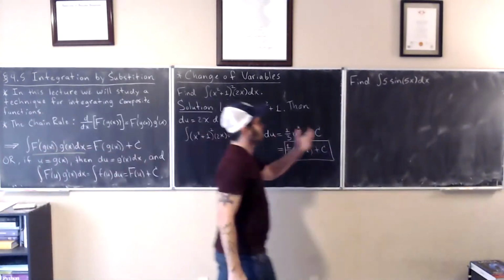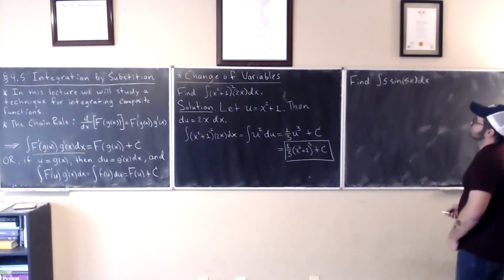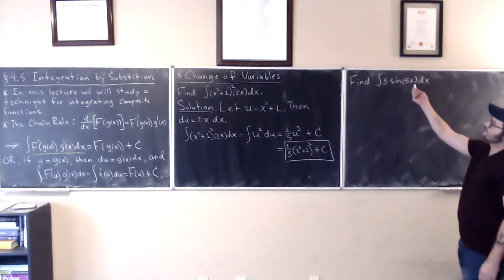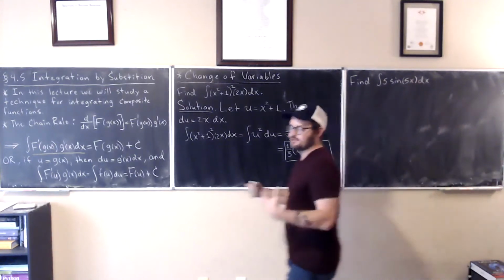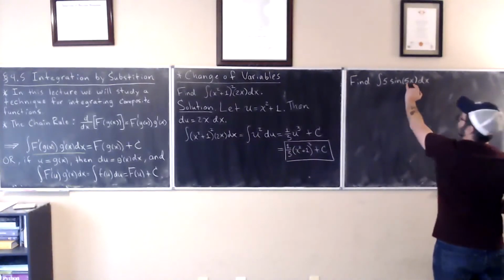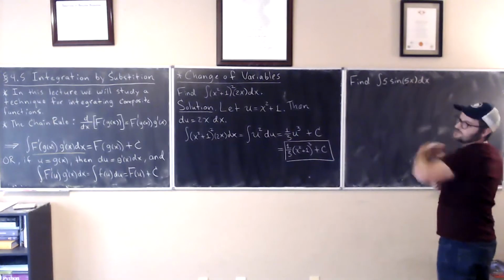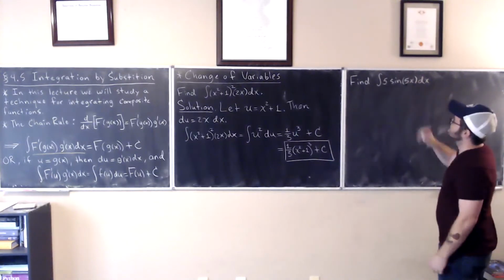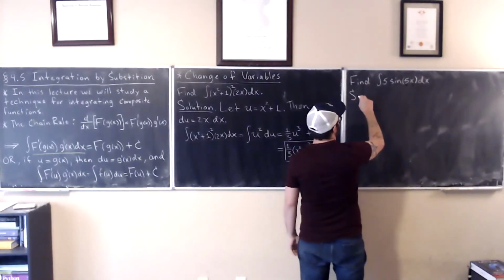So this is an indefinite integral with respect to the variable x. So again, this is a composite, sine composed with the function 5x. And that immediately makes me think, okay, if the inside is my u, and I take the derivative of the inside, what do I get? I get 5 dx, right, if that was my u. So then I see a clear choice for my function u.